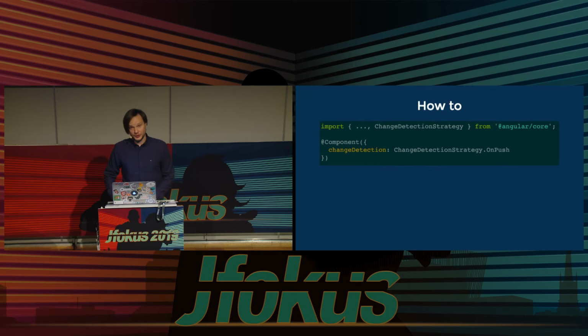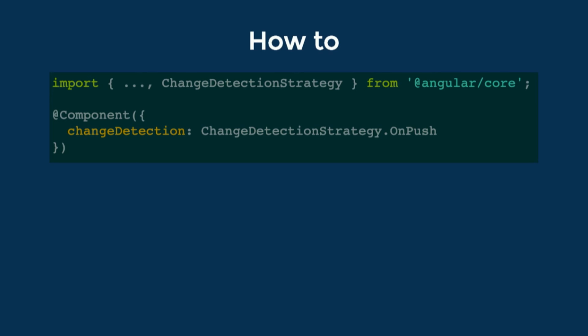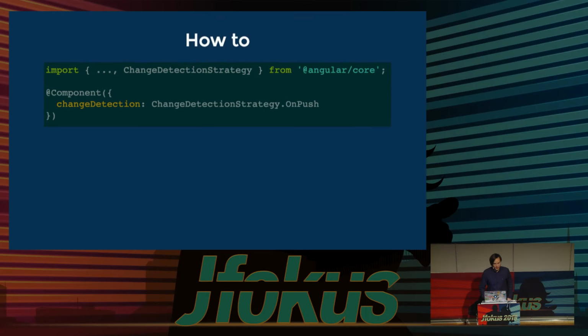How to do this? Exactly the Angular way. You have a change detection property for your component, and you can set it to OnPush. What does this OnPush mean? First, don't mix it up with web push notifications. Nothing related to this.